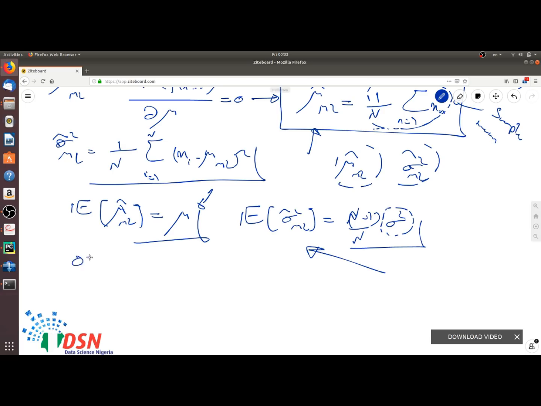So maybe you see that in some textbooks we have an unbiased version in statistics for the estimation of variance. In this case we define it in this way to have this.